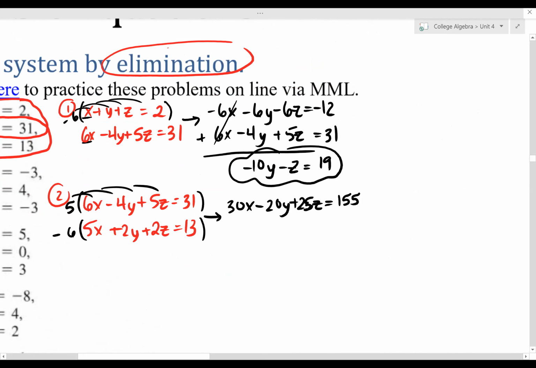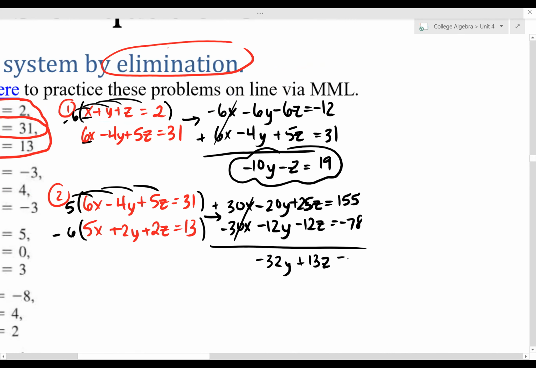And then when I multiply -6 on the second row, I get -30x minus 12y minus 12z equals -78. And then I'm going to add these equations together. The x's cancel. I get -32y plus 13z equals 77.